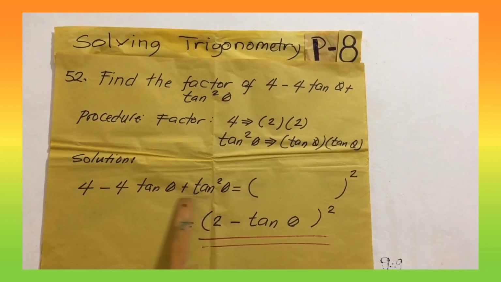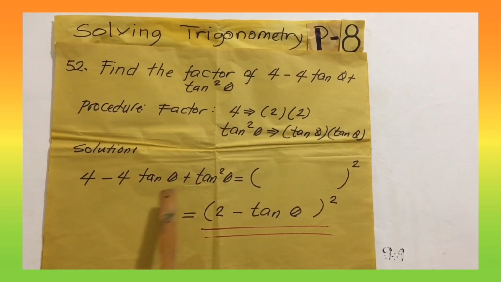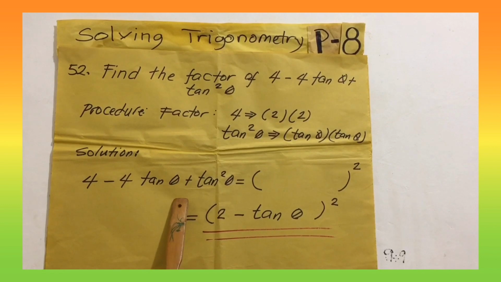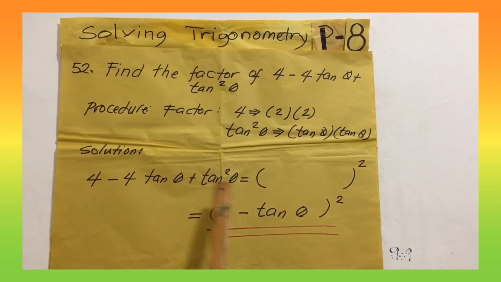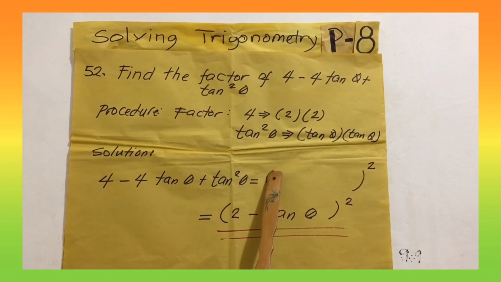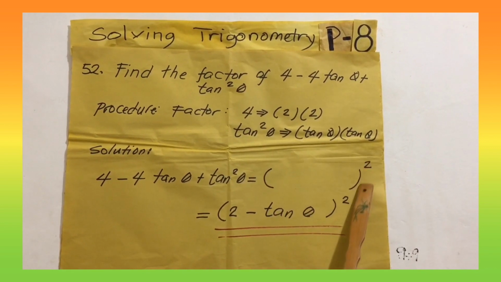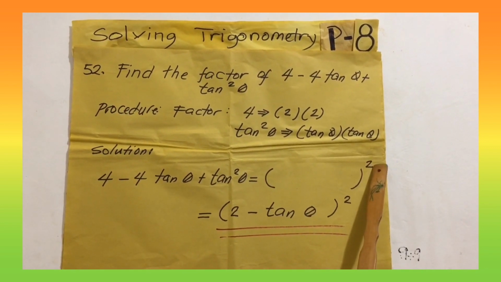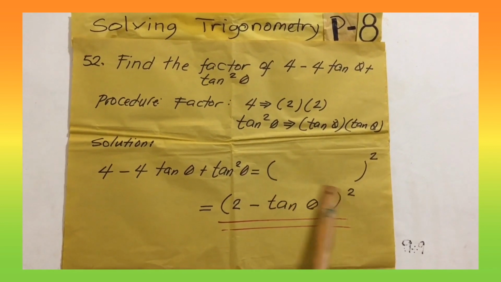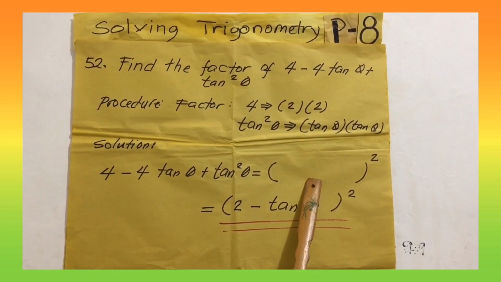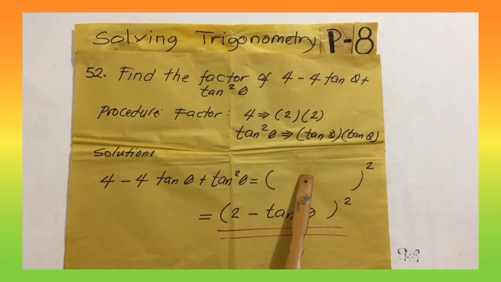So the given is a square trinomial. If it is a square trinomial, our answer is a square binomial. So that's why our first step is to make one parenthesis, then square, for the square binomial. Then we're going to fill up this.